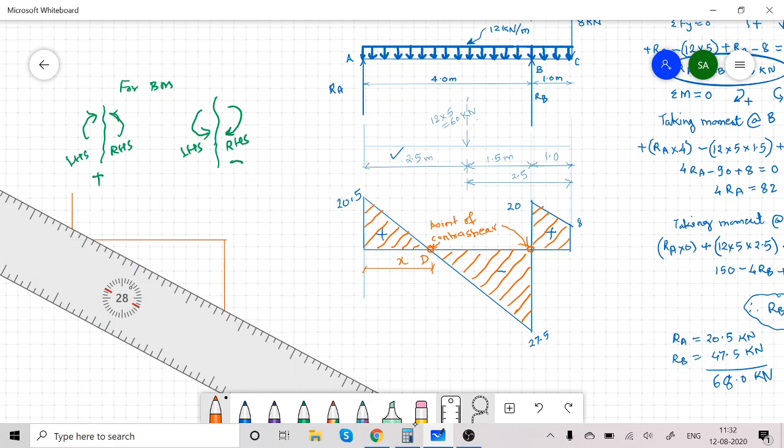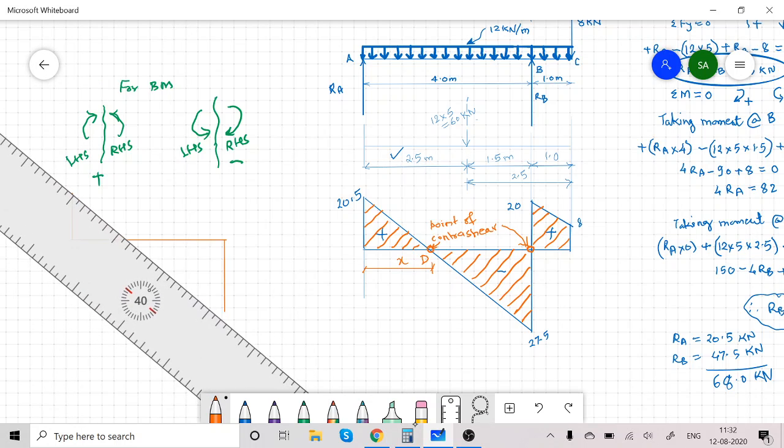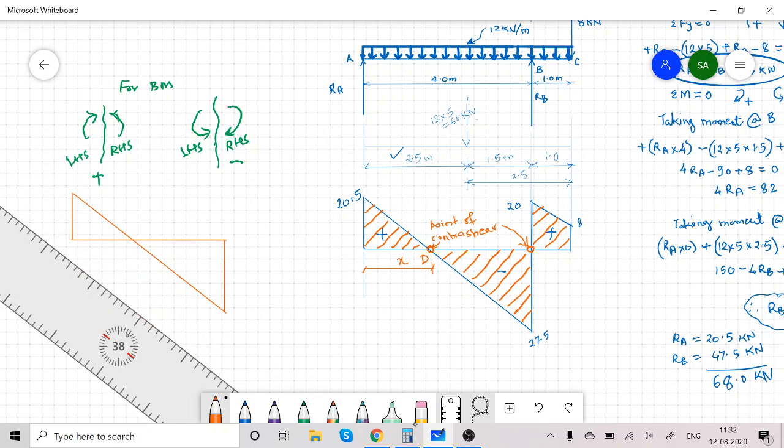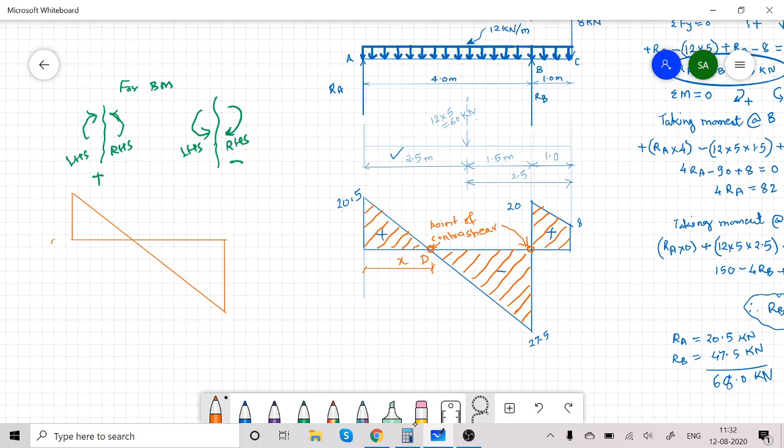Just I am enlarging this diagram between A and B. This is A point, 20.5. This is B point which is 27.5.